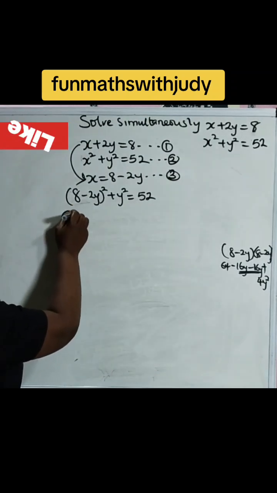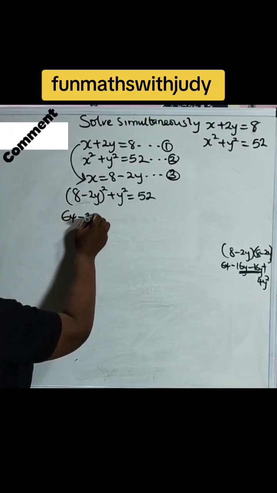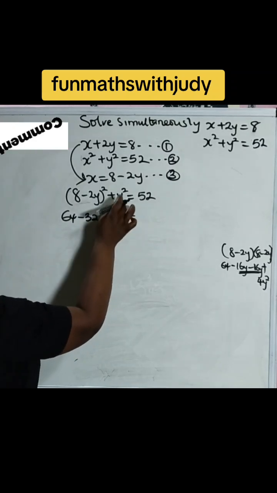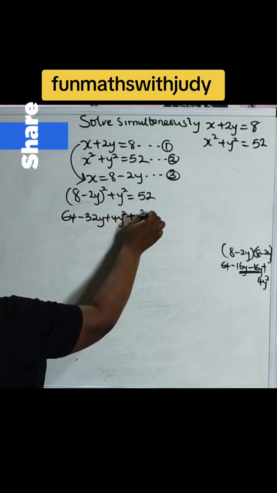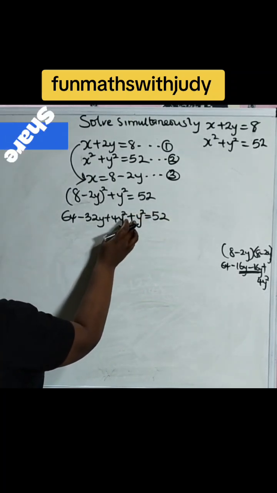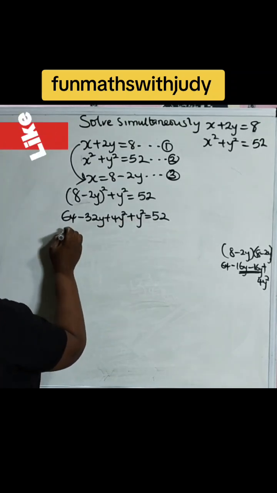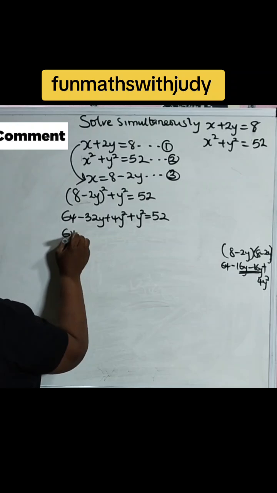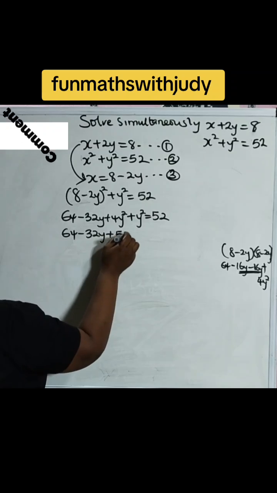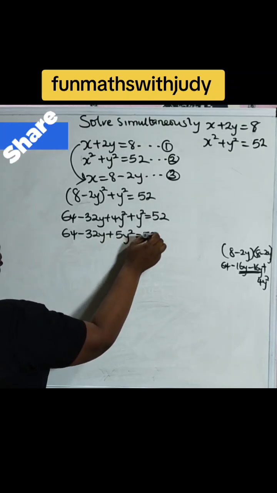We now have 64 minus 32y plus 4y squared plus y squared is equal to 52. Now 4y squared plus y squared will give us 5y squared. So this will give us 64 minus 32y plus 5y squared is equal to 52.